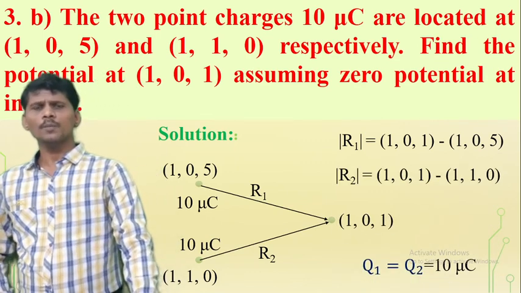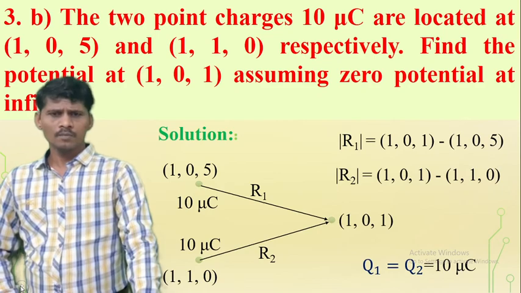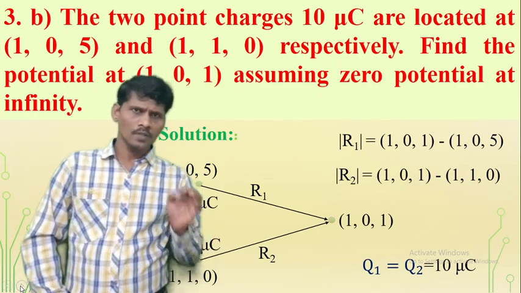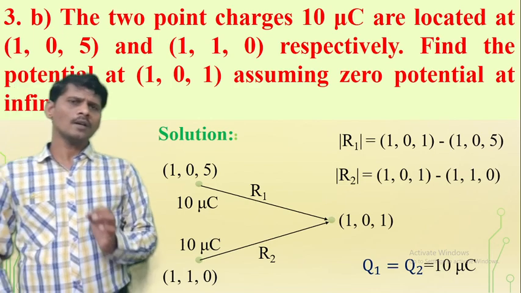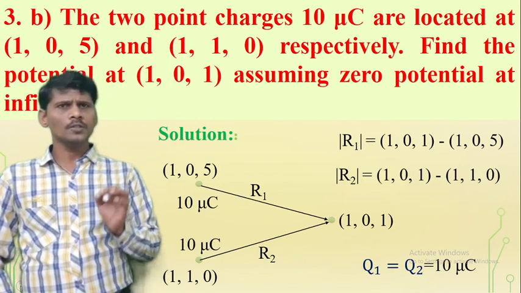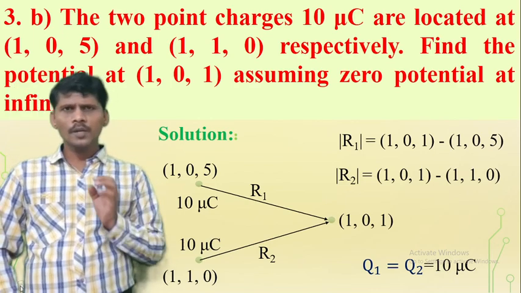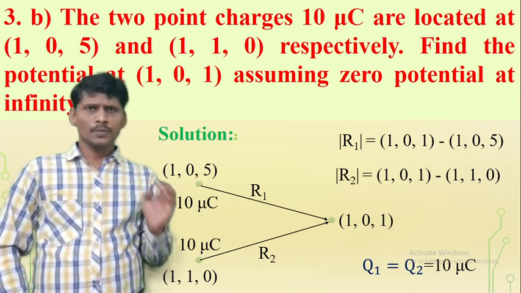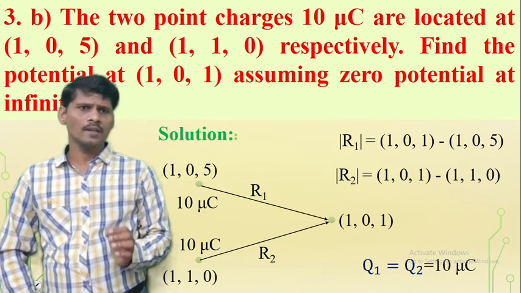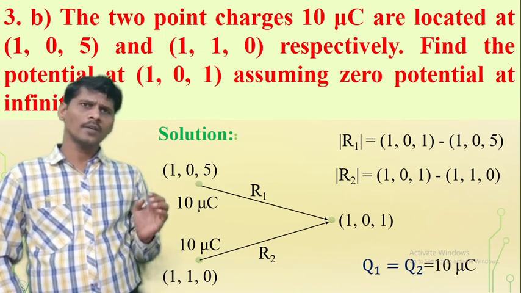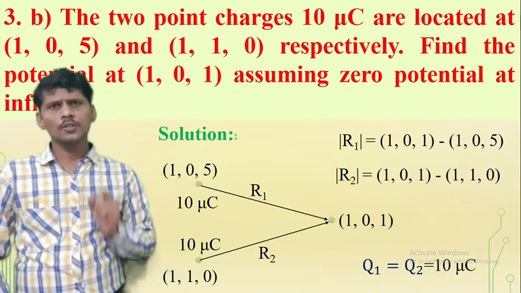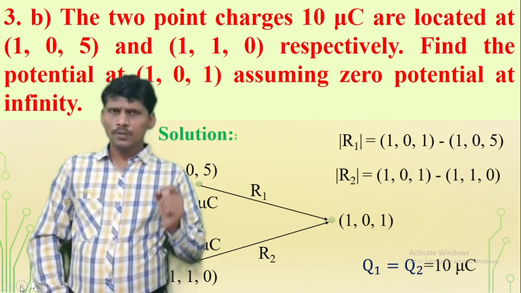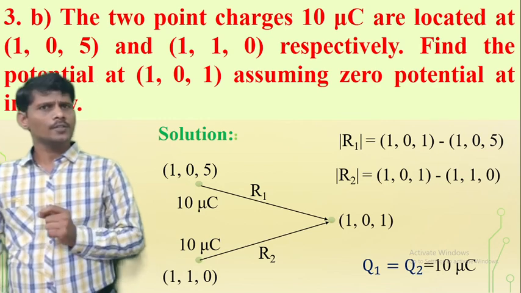Now here both the point charges are the same. So calculate the potential at 1, 0, 1. Therefore, the total or net potential at 1, 0, 1 is the algebraic summation of the individual potentials, that is V1 plus V2, where V1 is the potential at 1, 0, 1 due to the first point charge Q1, and V2 is the potential at 1, 0, 1 due to the second point charge Q2.